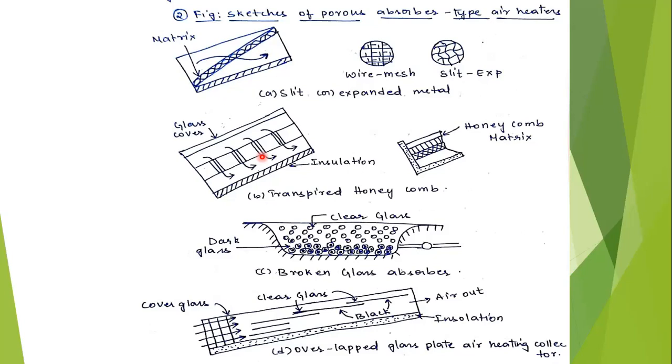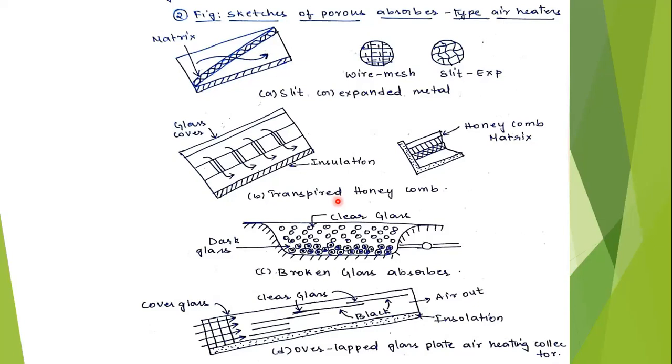These defects are eliminated in two ways. The first one is that solar radiation will be made to penetrate to greater depths. So this solar radiation, when penetrated to greater depths, is absorbed gradually depending on the matrix density.